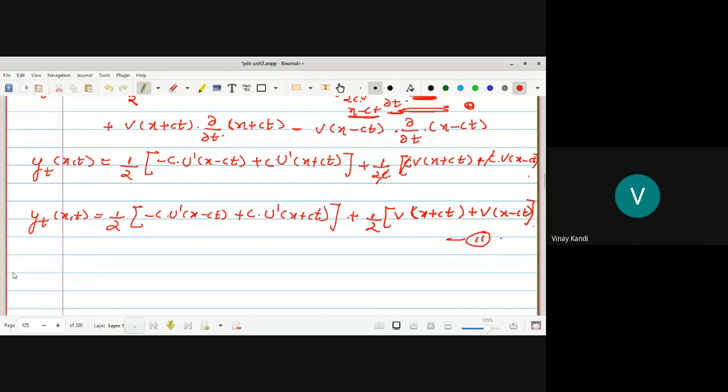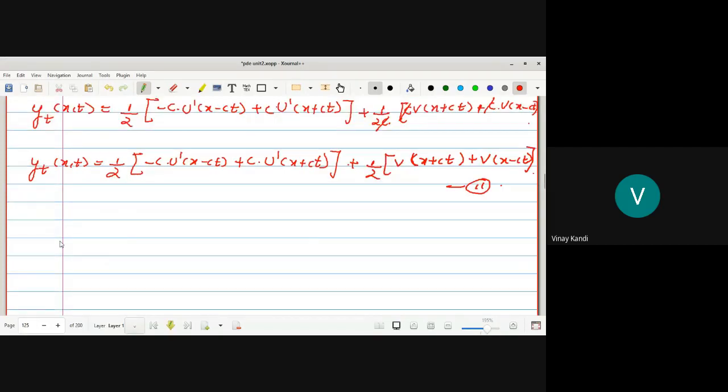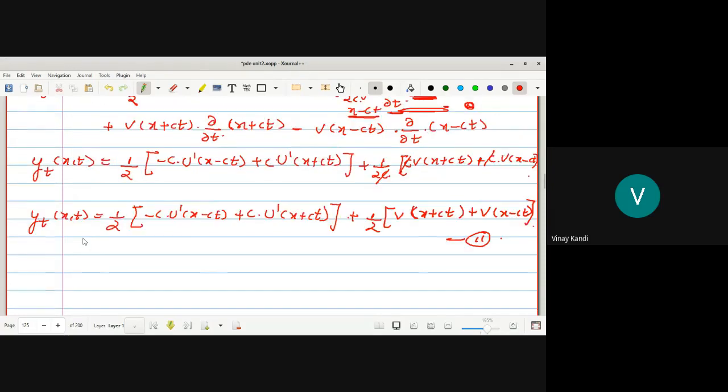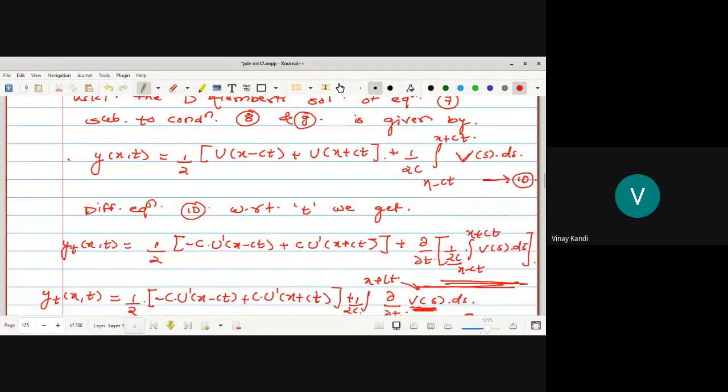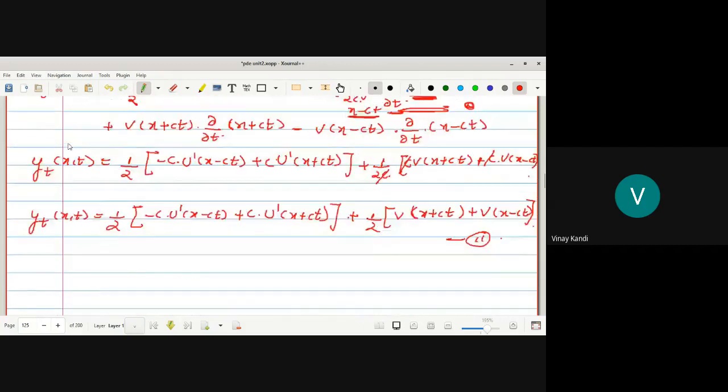Okay, so this is the y_t of x,t. Now we will show that the equation 10 is also solution of equation 1. जर हा इक्वेशन 10 इक्वेशन 1 चा सोल्युशन असेल तर तो काय सॅटिस्फाय करायला पाहिजे इक्वेशन नंबर 2 3 4 5 that is initial and boundary condition.